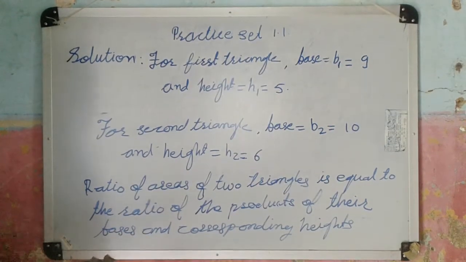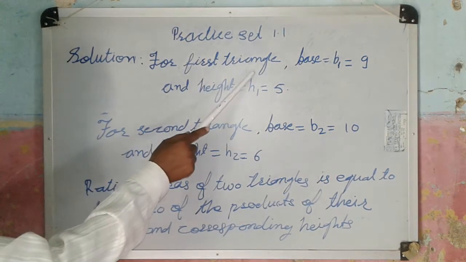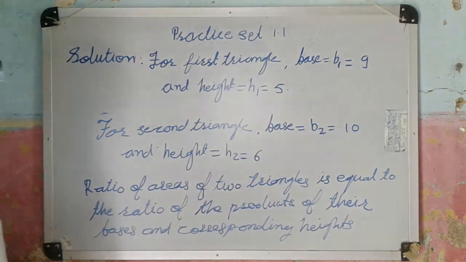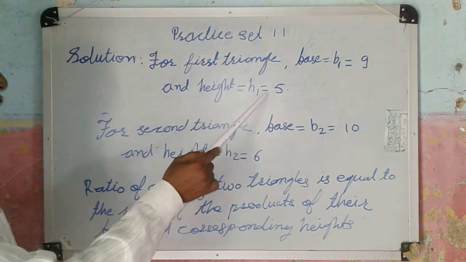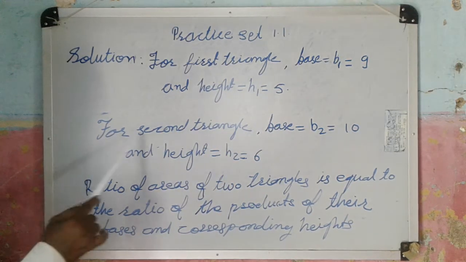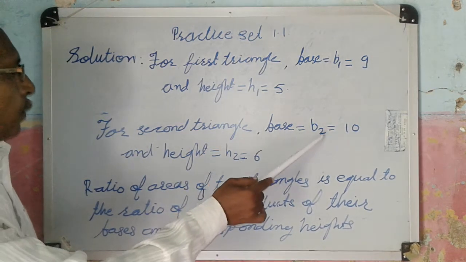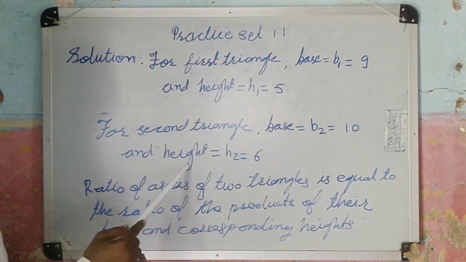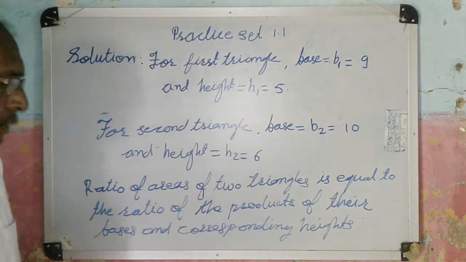Now see, in this given example, for first triangle, base b1 is equal to 9 and height h1 is equal to 5. And for second triangle, base b2 is equal to 10 and height h2 is equal to 6.